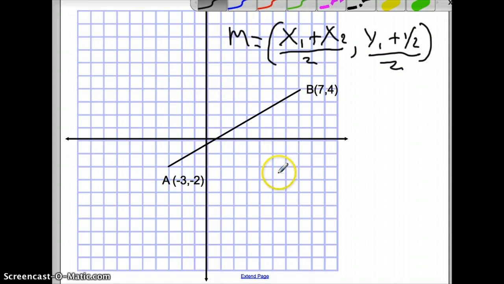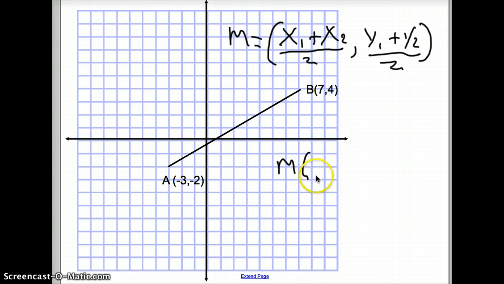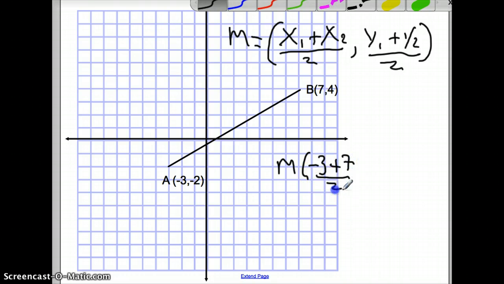So using the midpoint formula for this specific example, we basically take the average of the x coordinates. In this case it's minus 3 plus 7 over 2, and the average of the y coordinates is minus 2 plus 4 over 2.